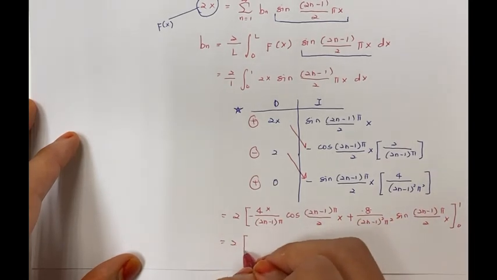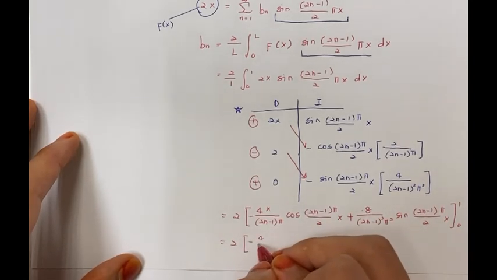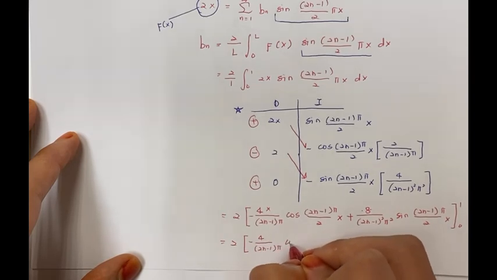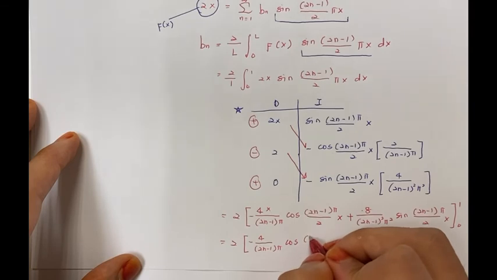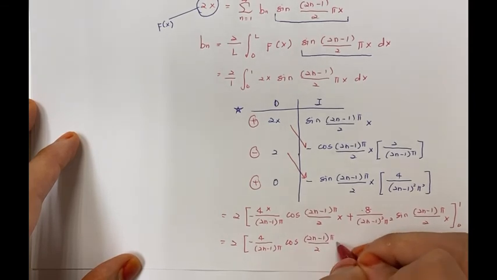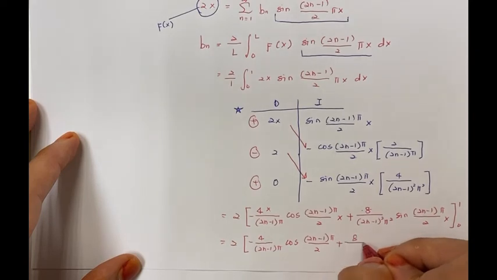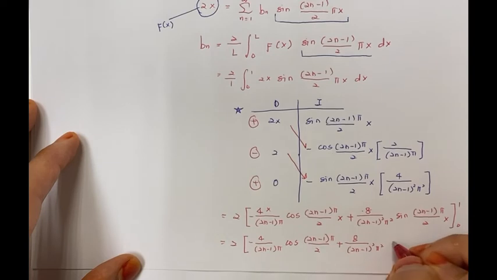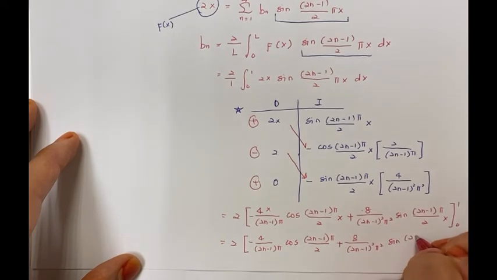Substitute the limit: you have negative 4 over (2n minus 1) pi, cos of (2n minus 1) pi divided by 2, plus 8 over (2n minus 1) squared pi squared, sine of (2n minus 1) pi divided by 2.